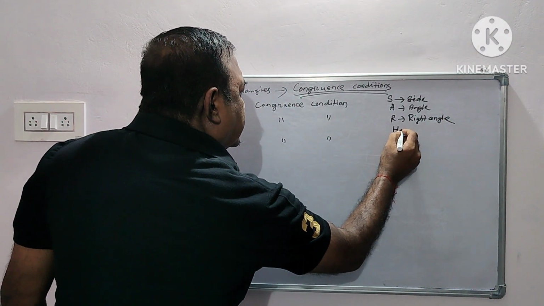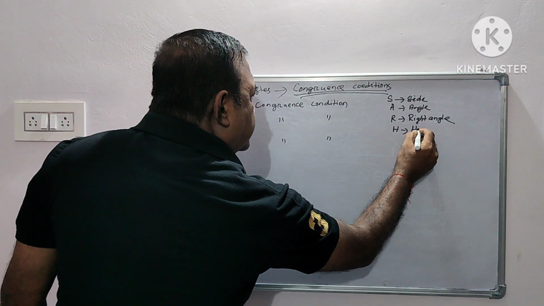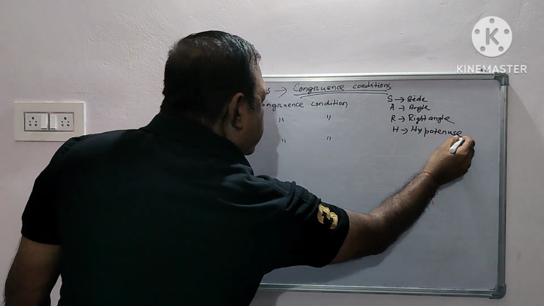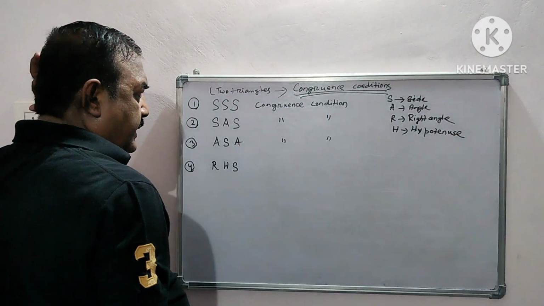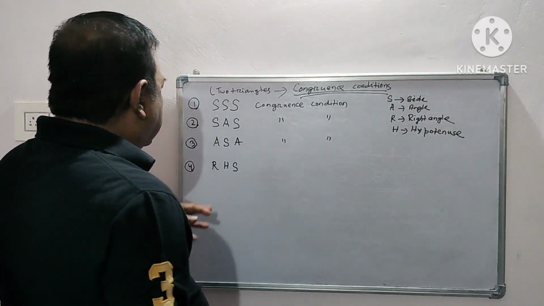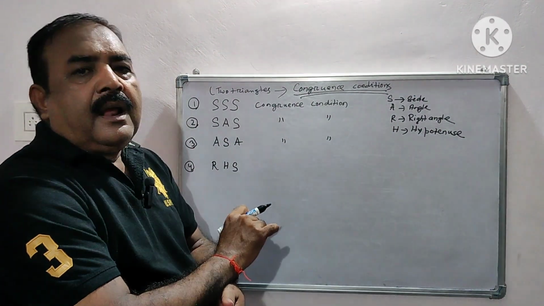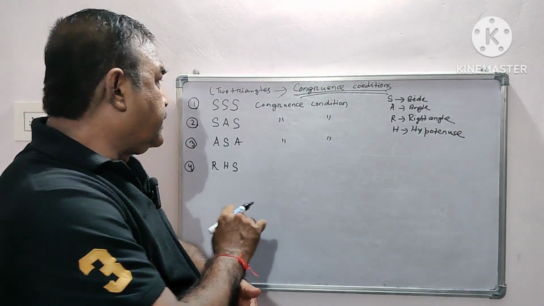H stands for hypotenuse, used in the case of a right triangle. So S stands for side, A for angle, R for right angle, and H for hypotenuse.